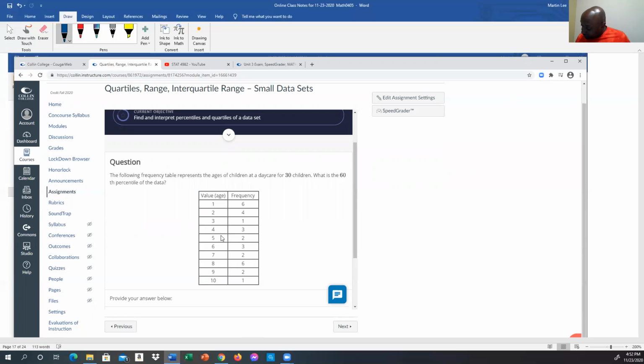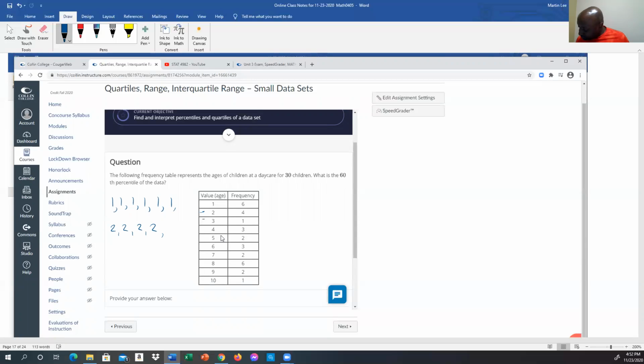Okay, so my first value, which is 1, that occurs 6 times. So let's write that out 6 times. 1, 1, 2, 3, 4, 5, 6. The value 2 occurs 4 times. 1, 2, 3, 4.